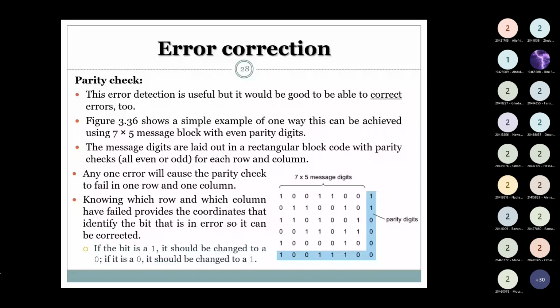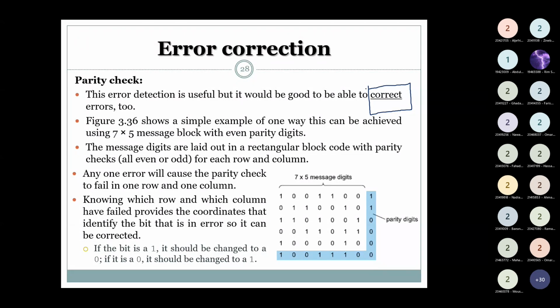If the number of ones is even, it is valid. We only have even parity, so if it is even, it is good. If it is odd, it is not valid. So this error detection is useful, but it would be good to be able to correct errors too, not only to detect them.